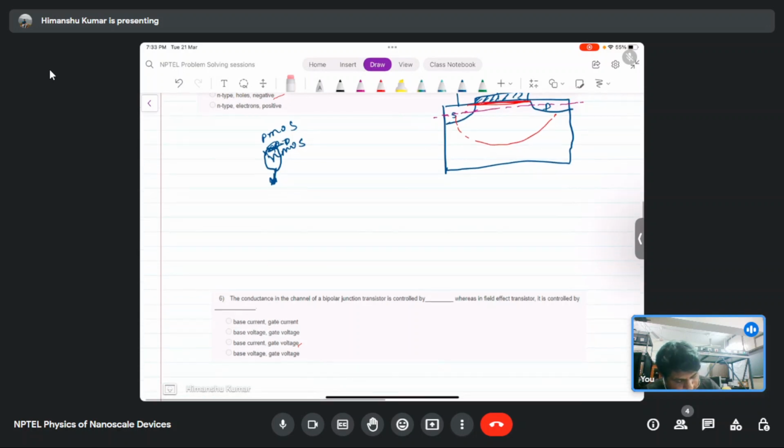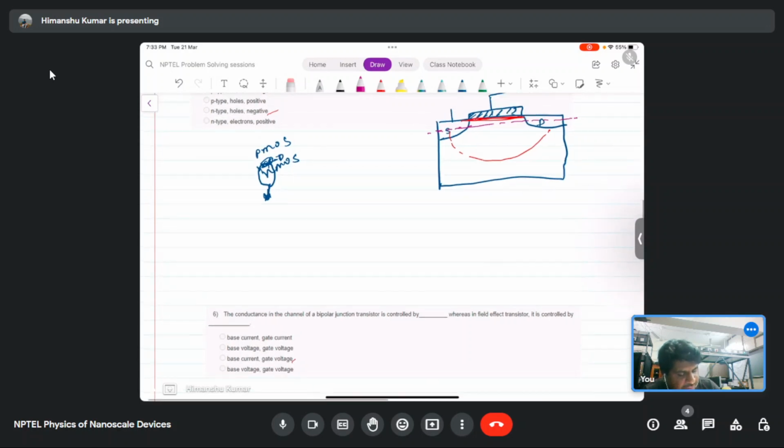This source is our n side, and this is our n side. If we draw the equilibrium band diagram, assuming conduction is not taking place, then our Fermi level will be constant throughout the channel.